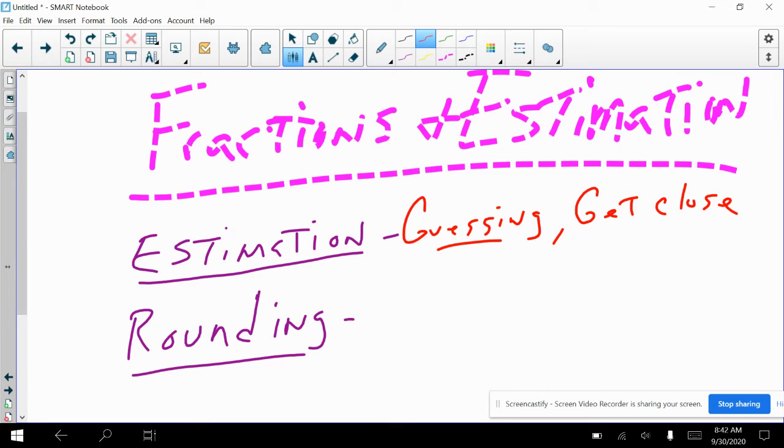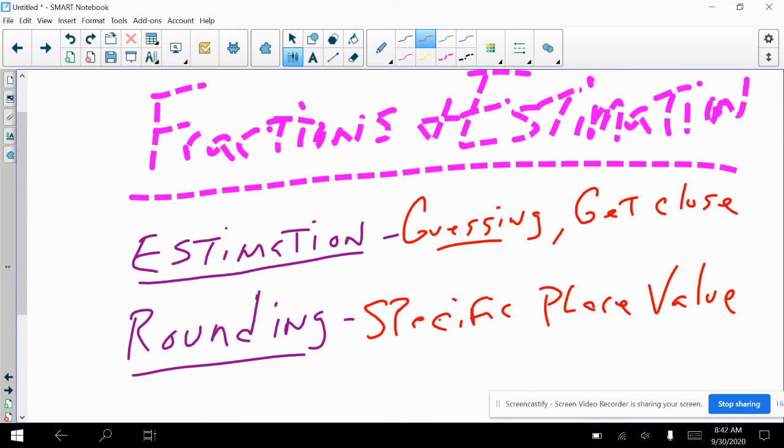Rounding. You are changing the number to a specific place value. They will tell you round to the nearest whole number, round to the nearest tenth, round to the nearest thousandth.